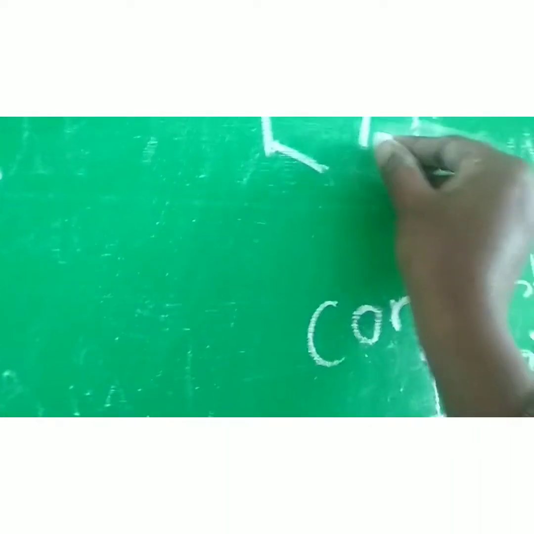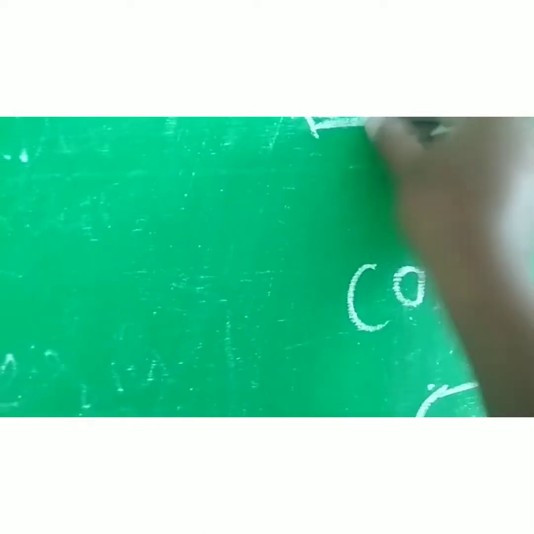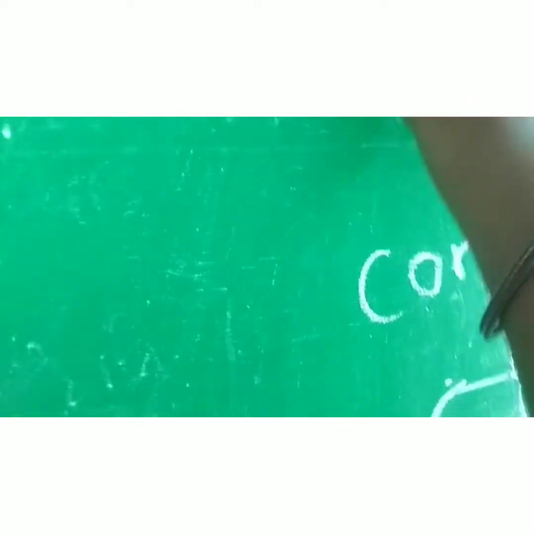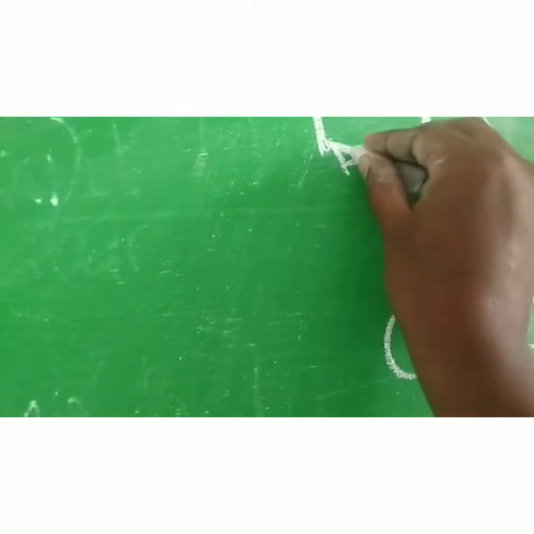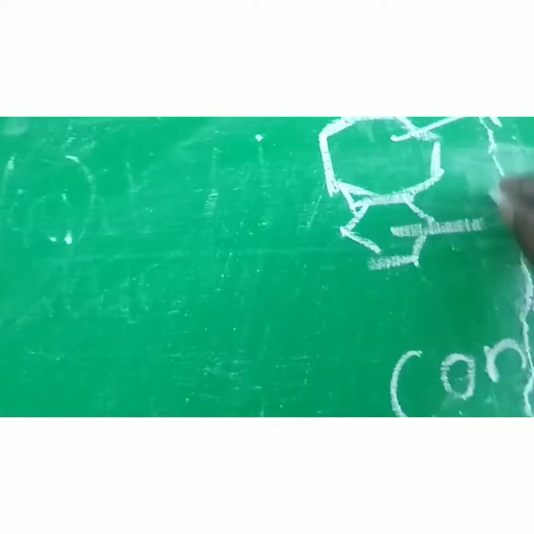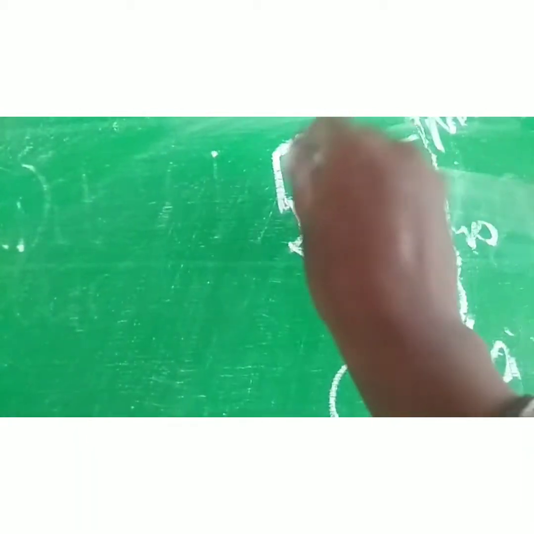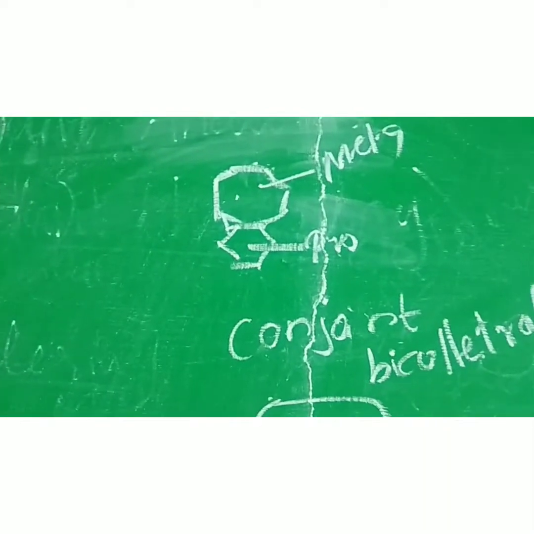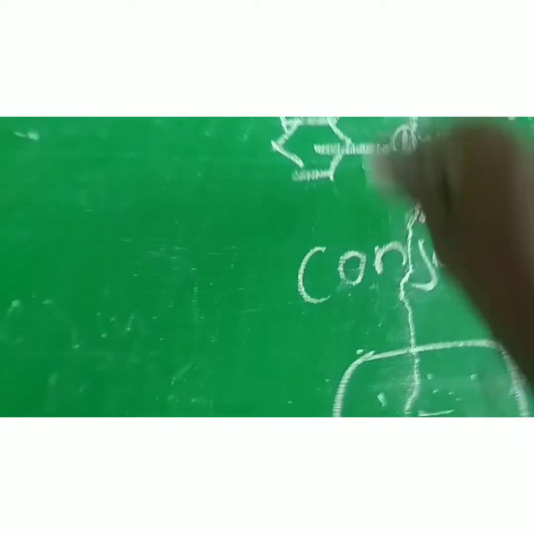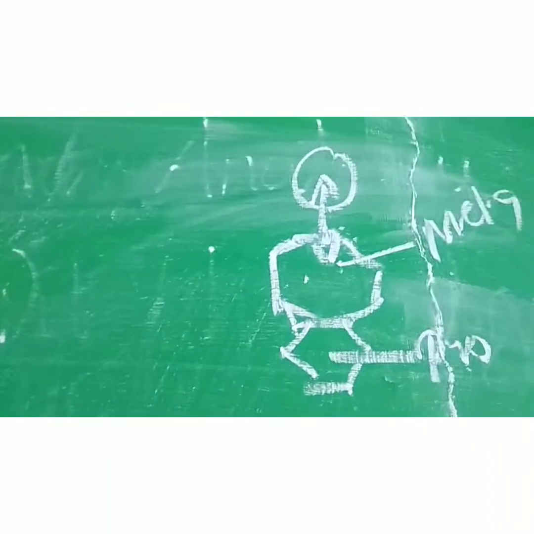The bigger size xylem is called metaxylem. The smaller size xylem is called protoxylem. In endarch, the protoxylem lies towards the center, and the metaxylem lies towards the outer side, near the pith.